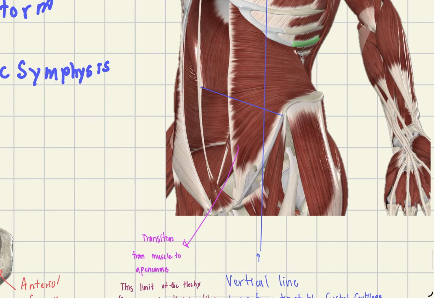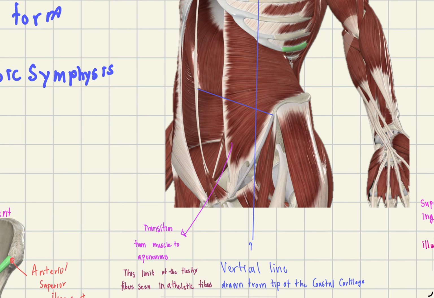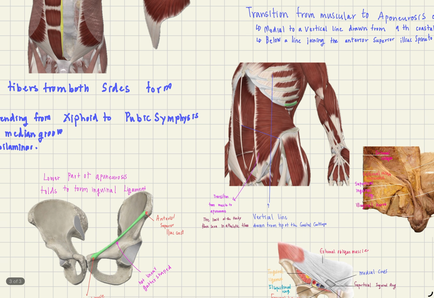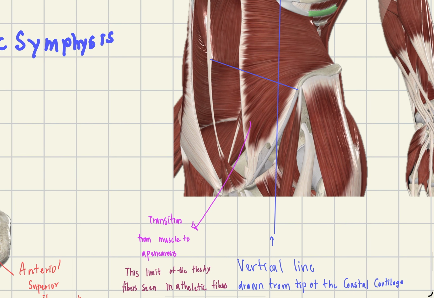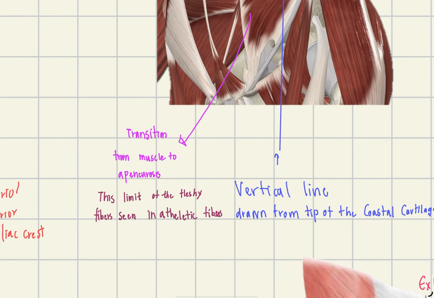So you can see this is the area where this muscle is replaced by the aponeurosis. If you want to see this, we can see this in an athlete.